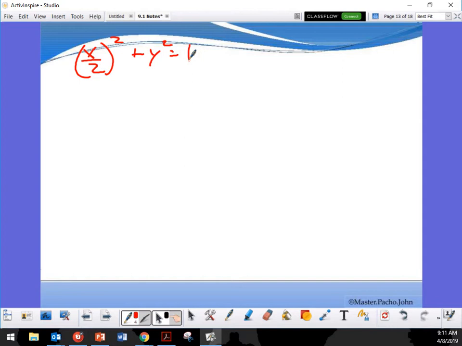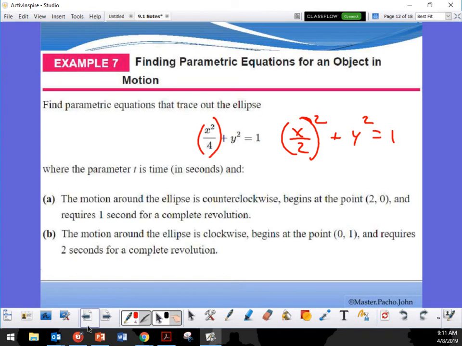So my r value in this, remember from my formula the other day, is gonna be 2. So it's gonna be x of t is equal to 2 cosine of t, right? Cosine of t, because if you guys remember, when I did this, this is a Pythagorean identity.